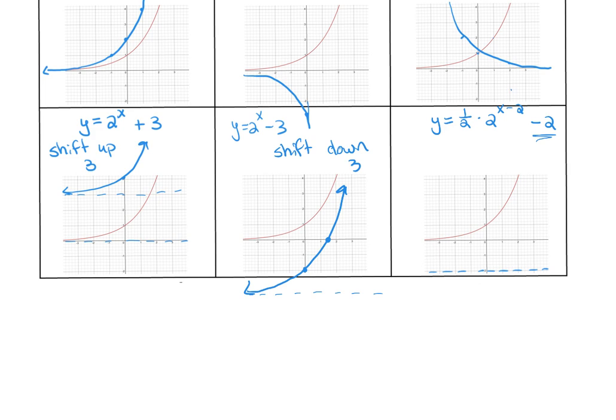Then the x minus 2 is going to be right 2, and this 1/2 is going to be a compression. Just doing a rough sketch, it'll look like this. For our notes, we're just doing rough sketches to get the idea of these transformations. On our assignment, we're going to be more exact by getting those exact values. But there's your full video, so good luck with the lesson.